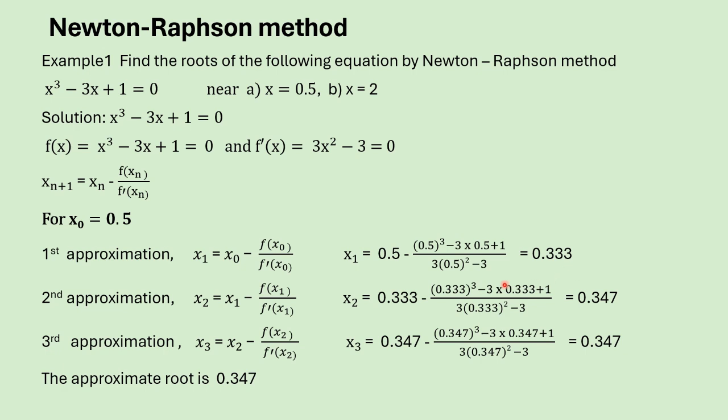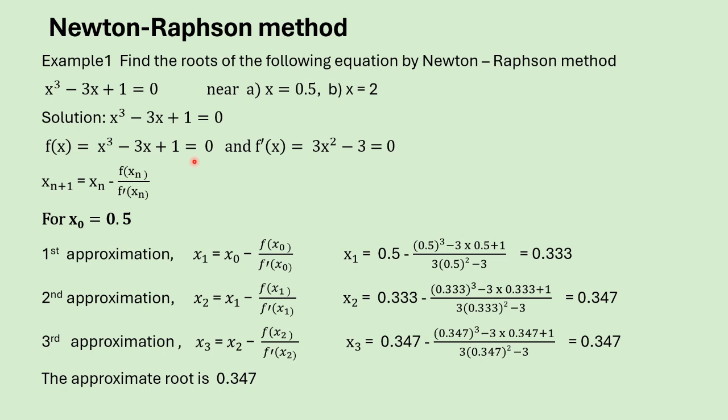Then the second approximation x2 is equal to x1 minus f x1 by f dash x1. Here the x1 value is this, so we substitute that value here. In f of x, we place the value of x1, which is this.